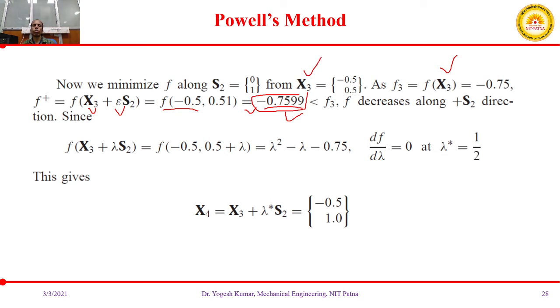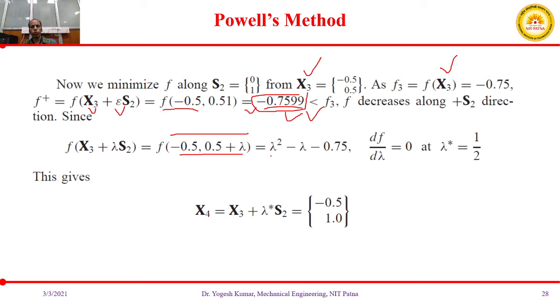Okay, so again we need to decide the value of lambda in the S2 direction. We will start from x3 plus lambda S2, so this will be minus 0.5 plus lambda.